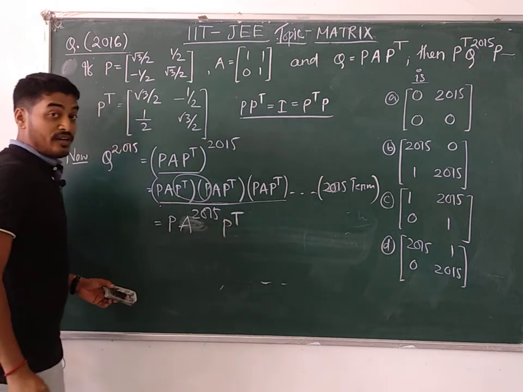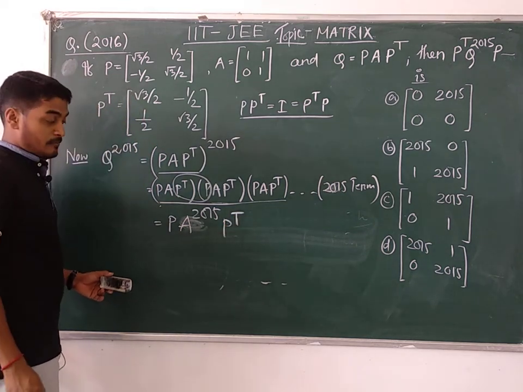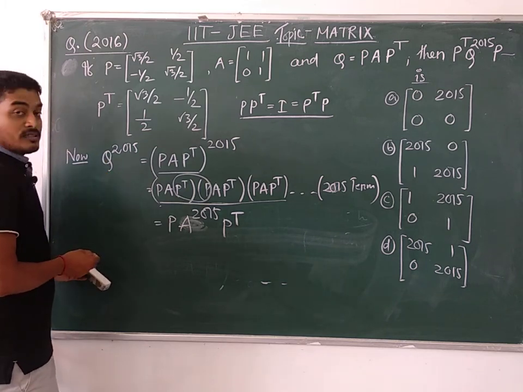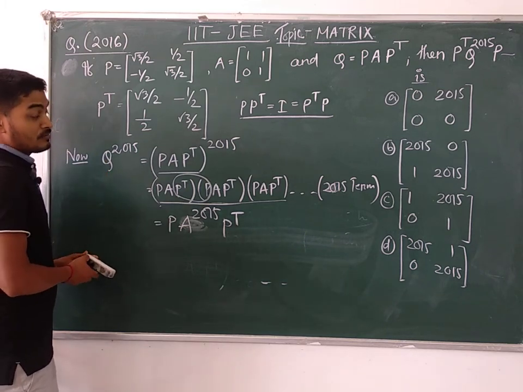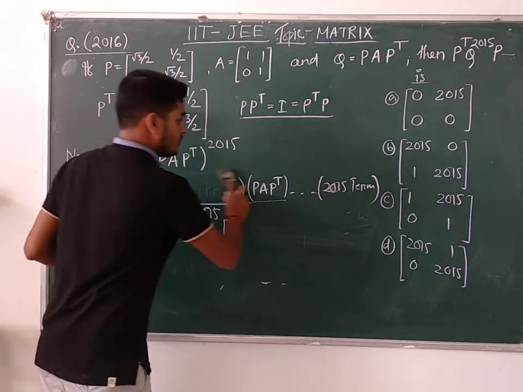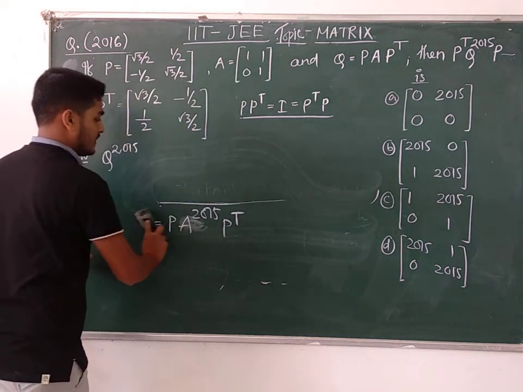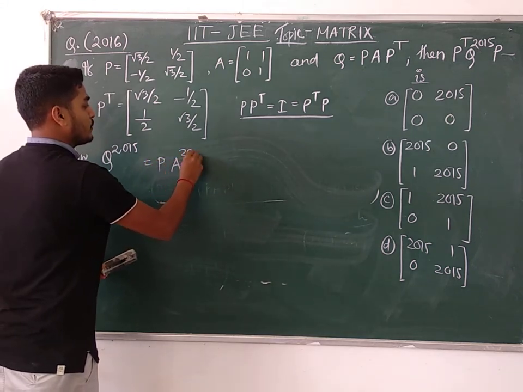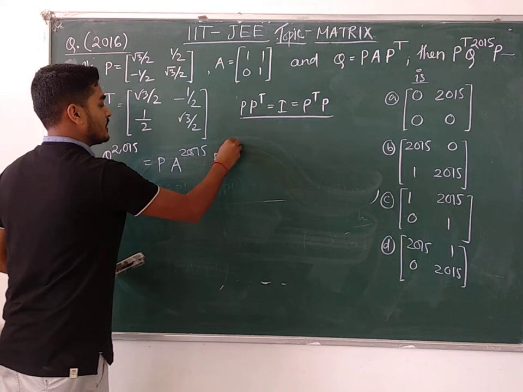We can easily find it after the simplification process. That means Q to the power 2015 is equal to P A to the power 2015 into P transpose.